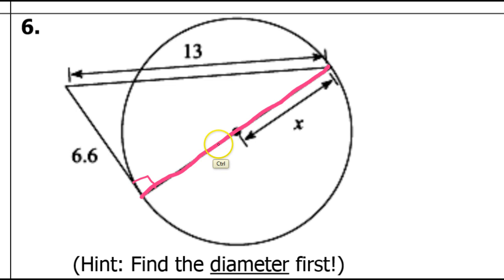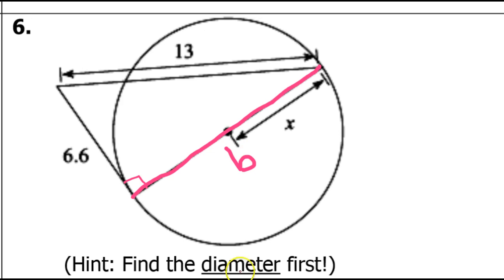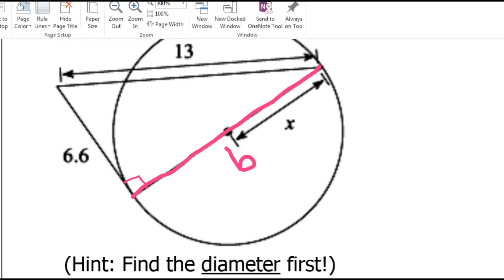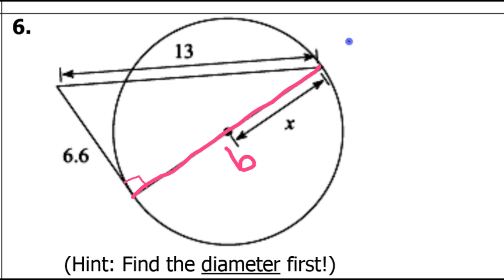Let's see, what should I call this? You know how we go a squared plus b squared equals c squared? So I'm going to call this b just for a moment because I'm going to do the Pythagorean theorem. Okay, so here I go. A squared, so 6.6 squared, plus b squared is equal to c squared.